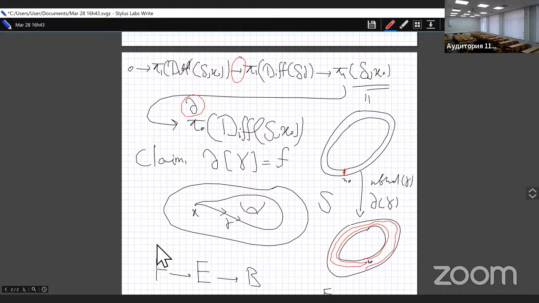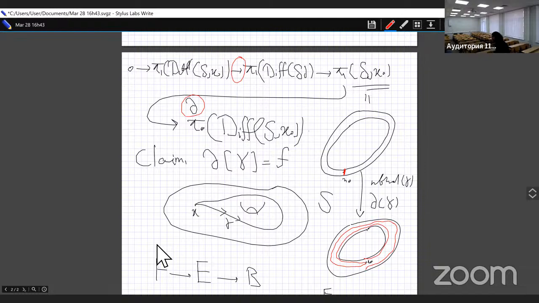Hold on. We've just sort of proved that this delta is surjective. Well, because we calculated the image of gamma, assuming gamma has no self-intersections, and then we assume that pi naught of Diff, the mapping class group, is generated by elements of this type.